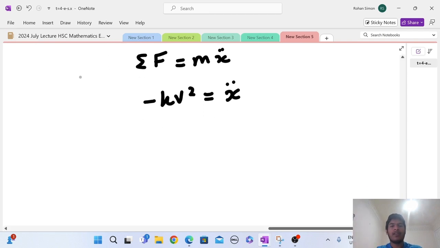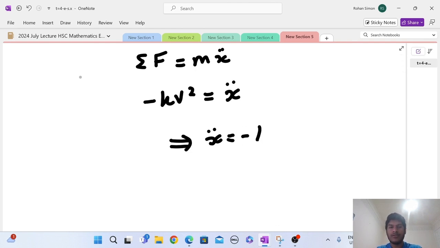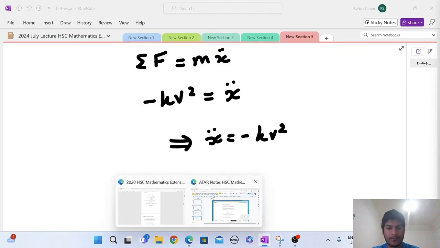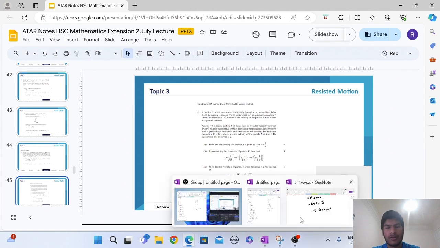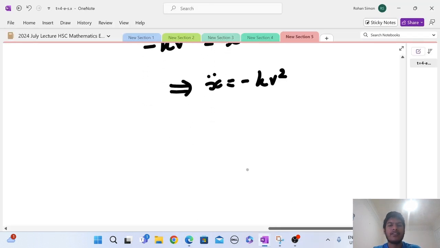Okay, and here we have an acceleration and a velocity relationship. So which form of acceleration should we use? Well, if we look at what we're trying to prove in the question, if we bring up the slides quickly, look at what we're trying to prove. We're trying to prove a time expression. So we've got 1 on v equals kt plus 1 on u. So if that's the case, then we want a velocity-time relationship.